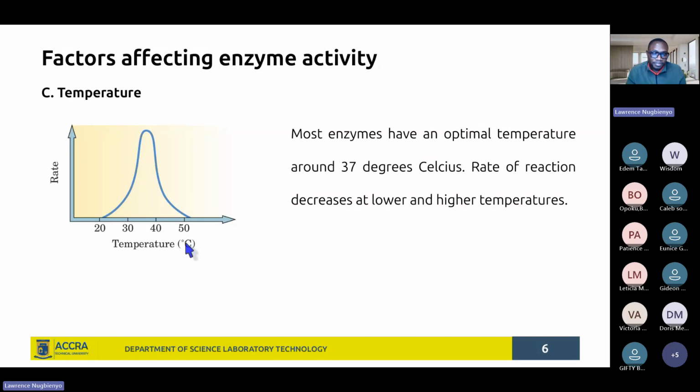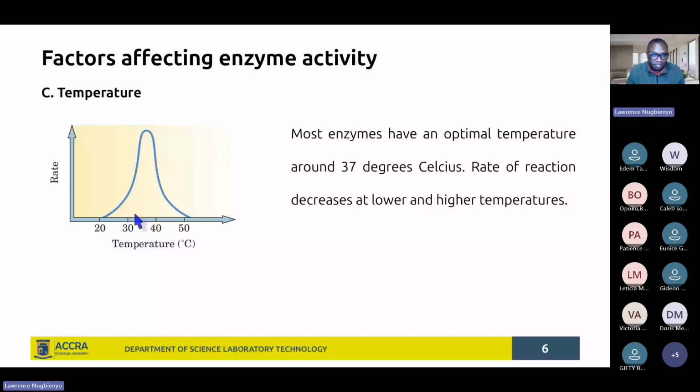Now we see, if you take the human body, for instance, our physiological temperature is 36.6 degrees Celsius, let's say approximately 37 degrees Celsius. So it is at this point that you have all the enzymes in the body being optimally active.